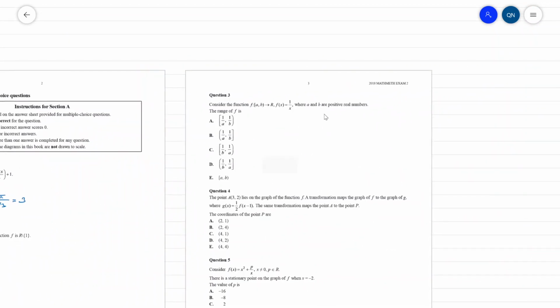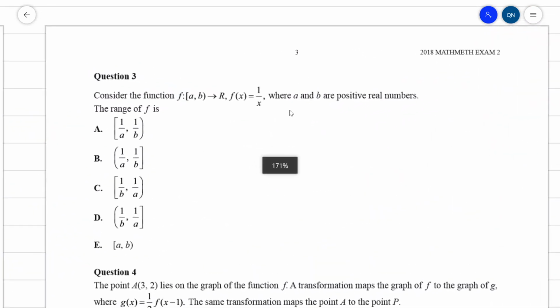Alright, question 3. We have a hyperbola, so let's draw this. The hyperbola looks something like this, and on the other side as well. And A and B are positive real numbers. So we have A, let's say, and B. And we want to find the range of this guy on the interval A to B. So we include A, but we exclude B, like so. So what's the range going to be?